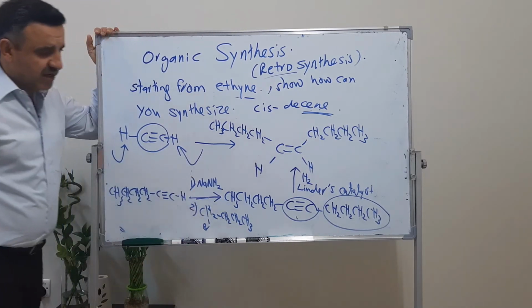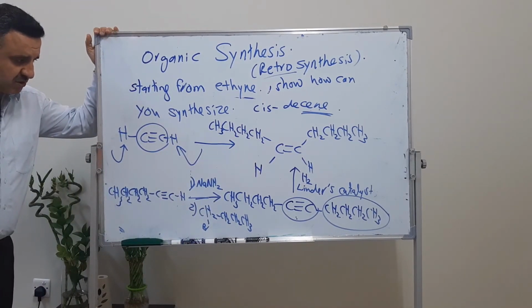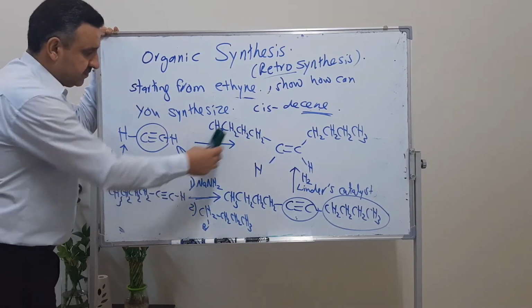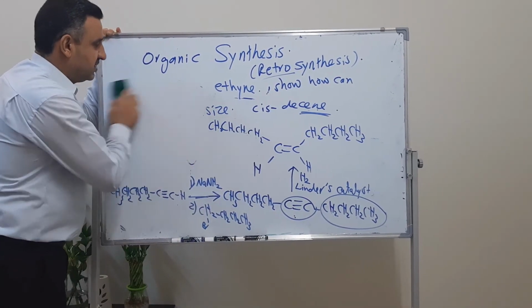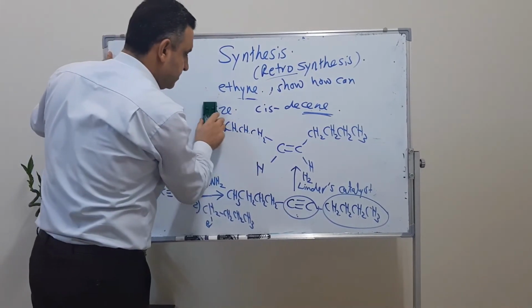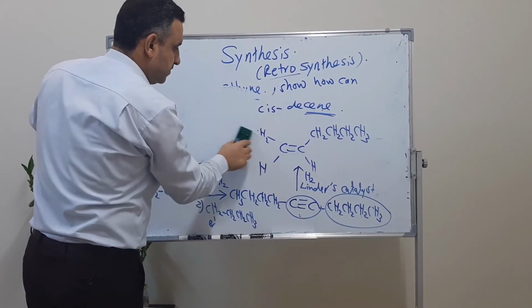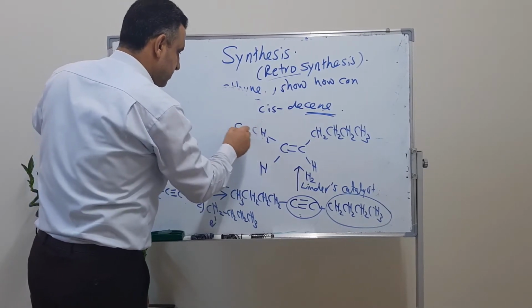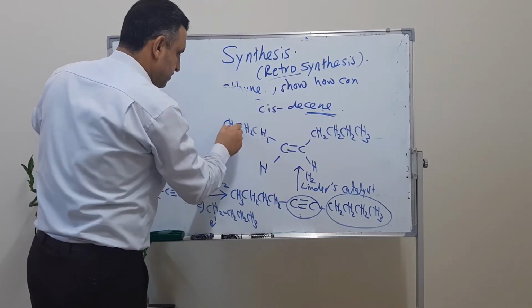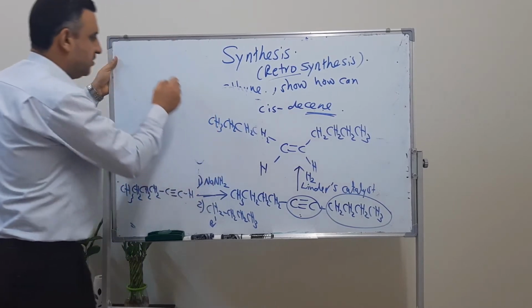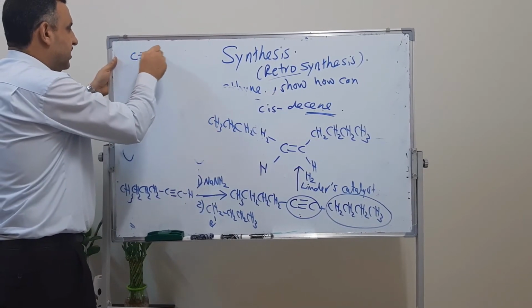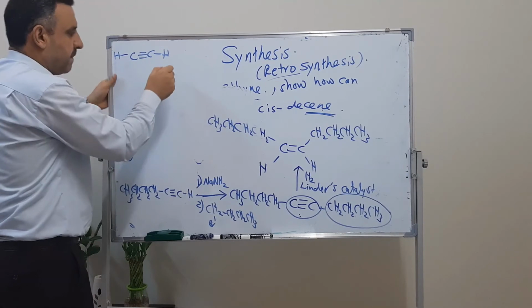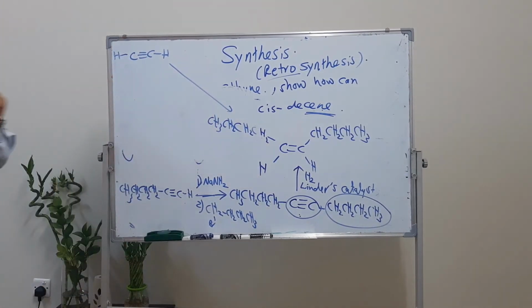We are going to introduce the product. Now, we just start the reaction from here. So it's a C triple bond CH.